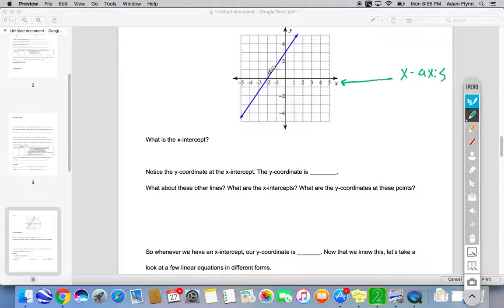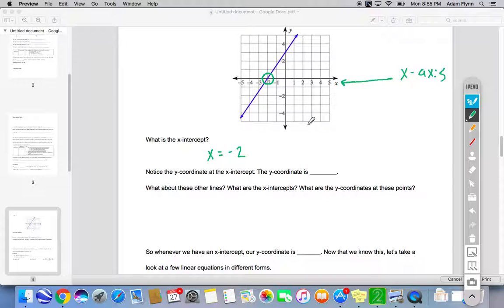So if we take a look right here, our line, also known as our function, crosses the x-axis at x equals -2. So at -2 on the x-axis, our line crosses.